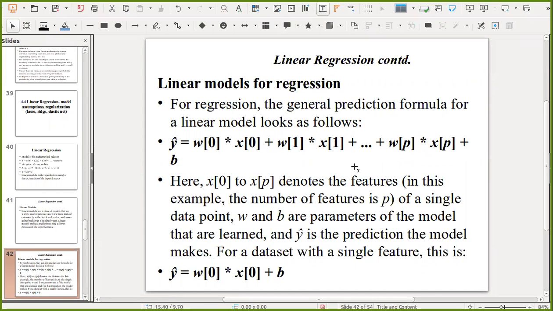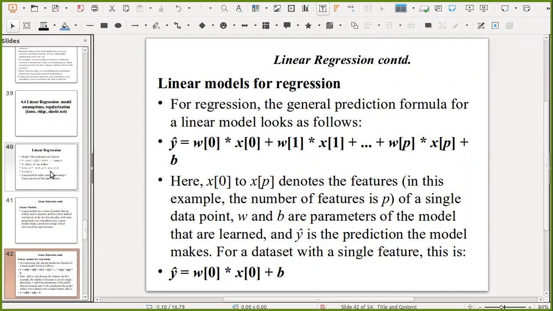So for regression we use this linear model. x0 to xp denote the features, and in this example the number of features is p for a single data point. Right now, whatever this complete collection is, we are talking about a single data member.